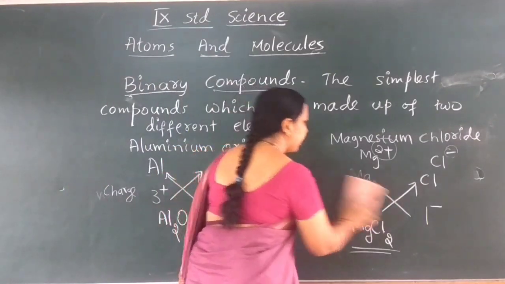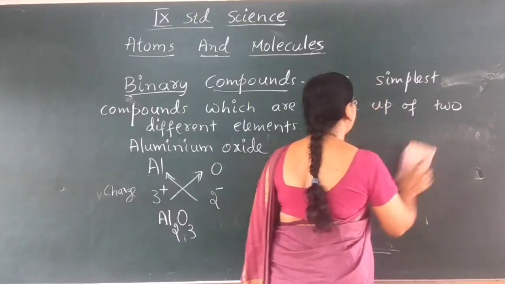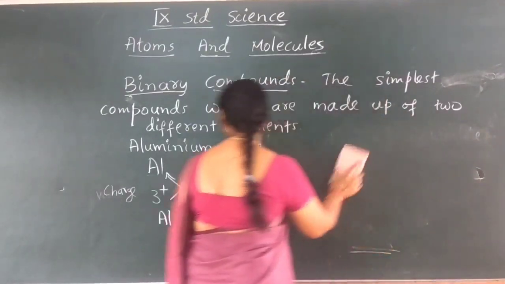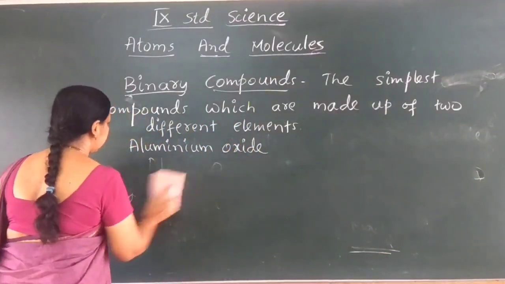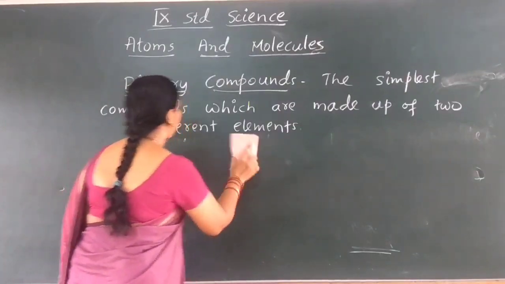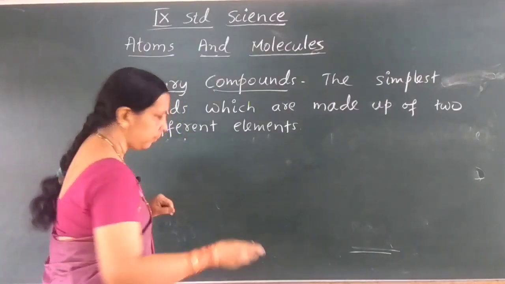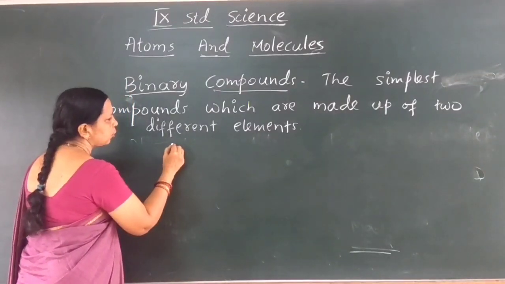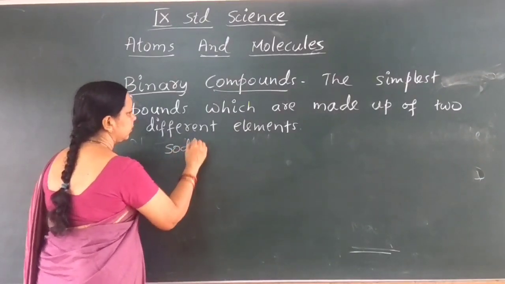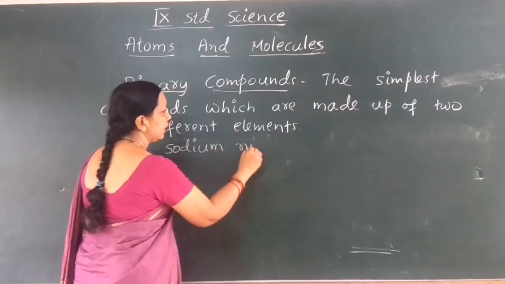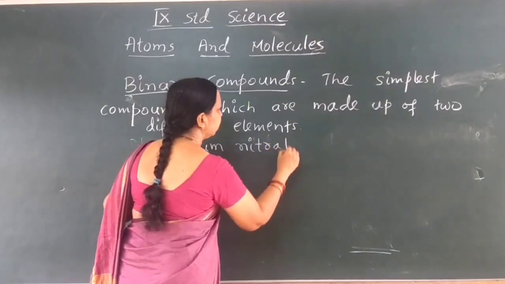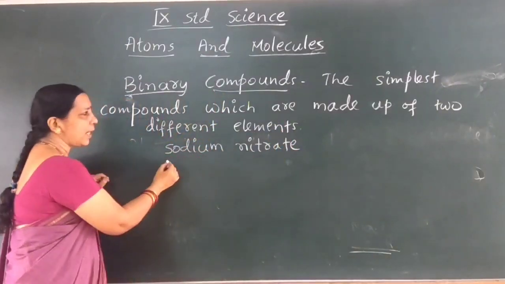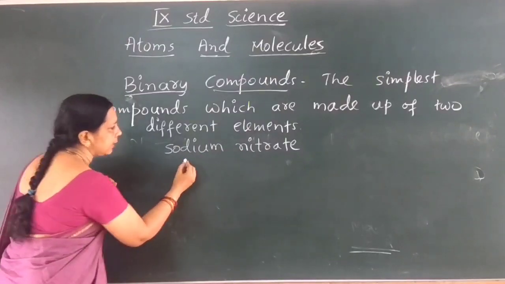Let us take a compound formed with a polyatomic ion. Which is the compound formed with a polyatomic ion? Sodium nitrate. So which are the components here?